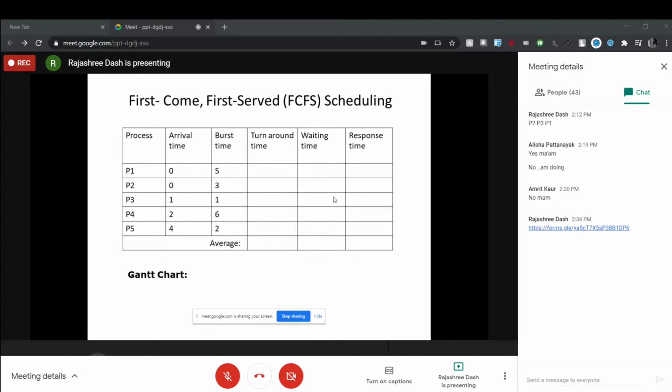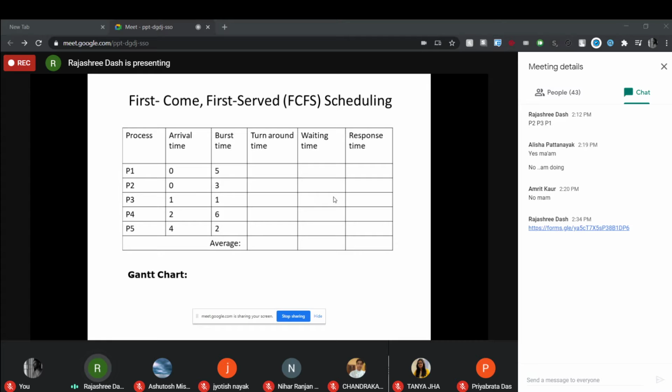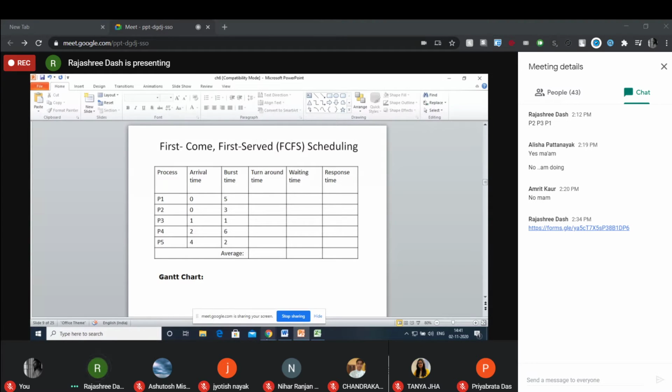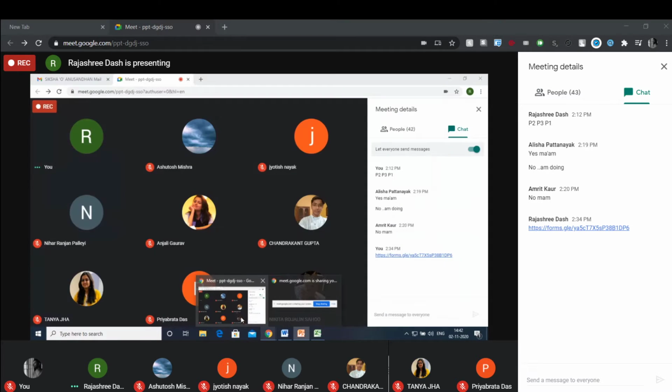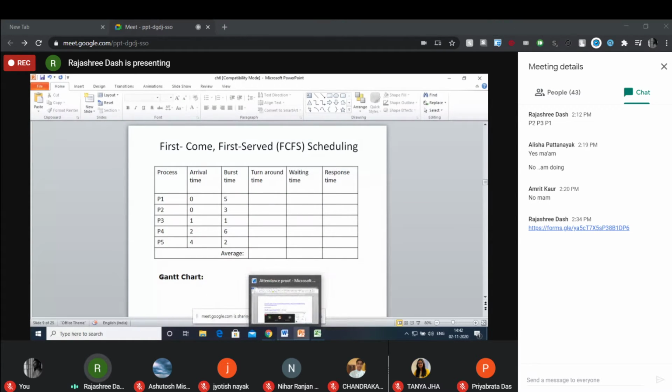Then find out the turnaround time, waiting time, and the response time. All of you quickly draw the Gantt chart corresponding to this one.